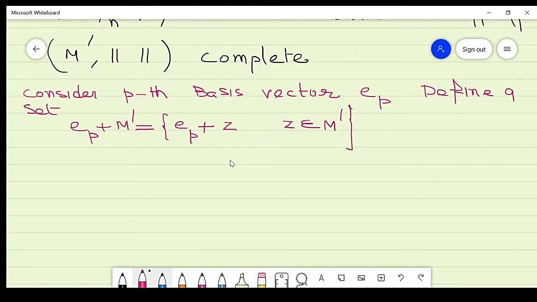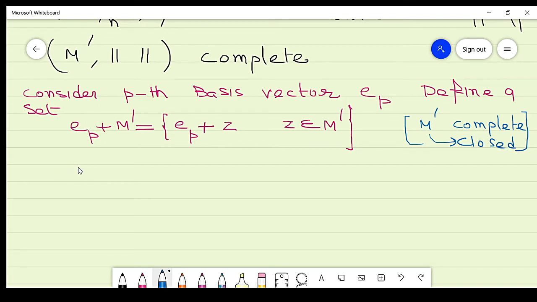Now what is M dash? M dash is complete, and complete metric spaces are closed, so M dash is closed. Clear?